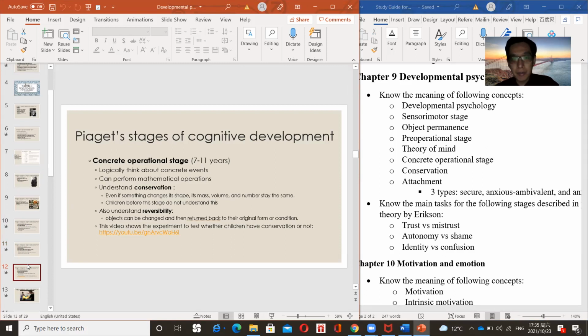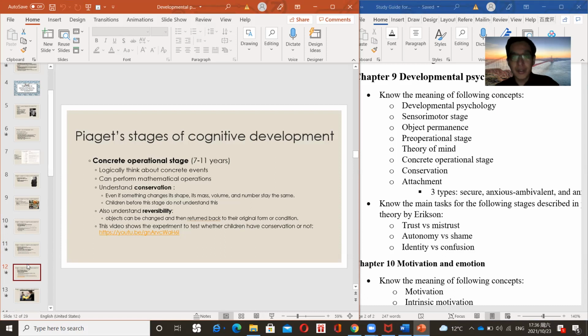In this stage, children can use logic to think, but they can only think logically about concrete events. They can use mathematics. They can perform mathematical operations. And in this stage, children start to have a kind of knowledge which is called conservation.